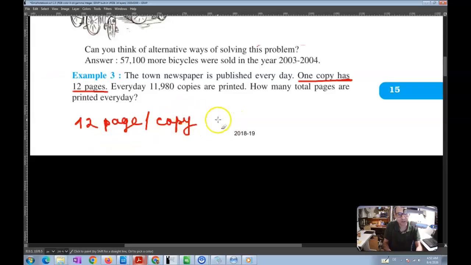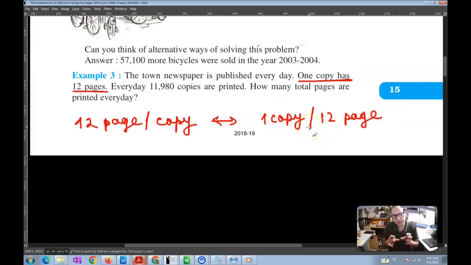Or the same thing, I can write it also as one copy per 12 pages. I can write it in any way that I want, really. This is 12 pages per copy, which means that for every 12 pages, I will have one copy. This is one copy per 12 pages, which means that for every copy, I have 12 pages, both of which mean the same thing, right?